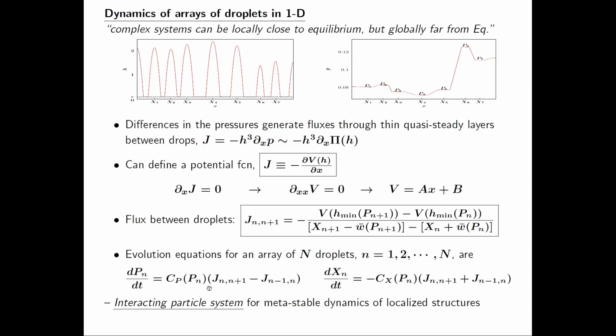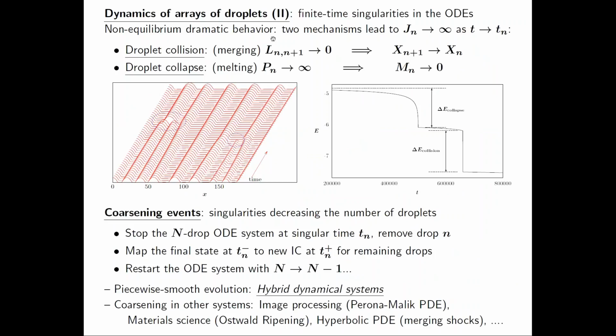So these ODEs, you can imagine evolving them as far forward in time as they go, but this particular form for the flux has a dramatic behavior in that the equations can go singular with the flux diverging at finite times if one of 2 things happen.